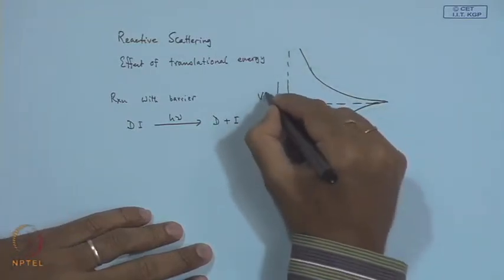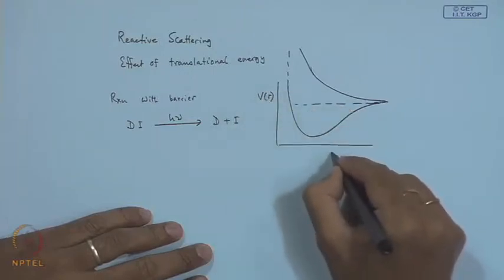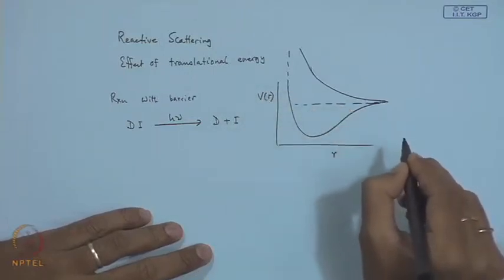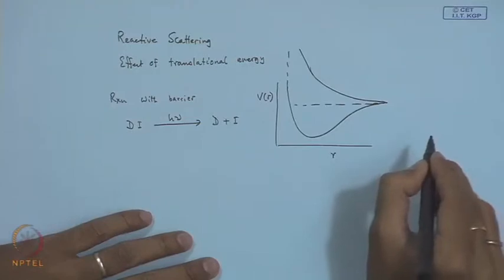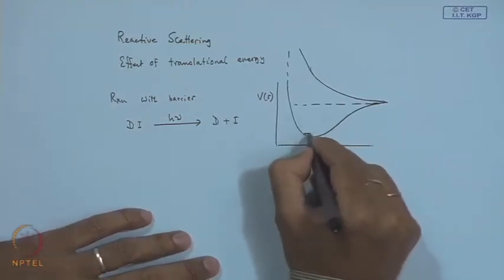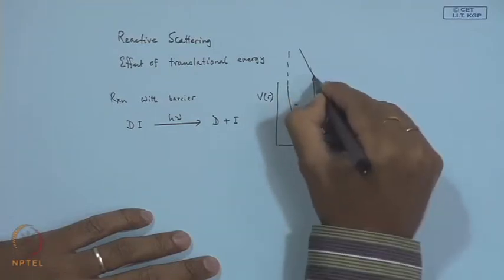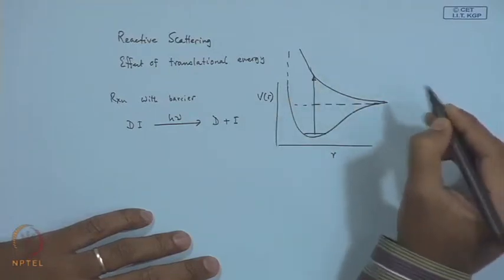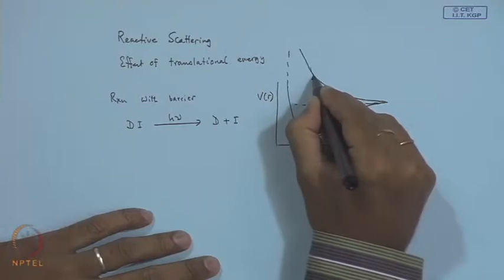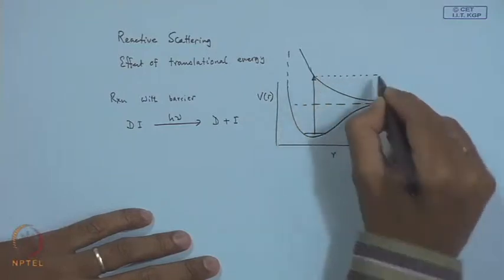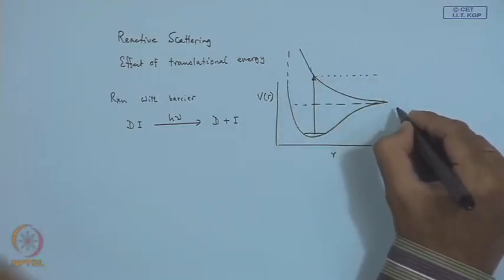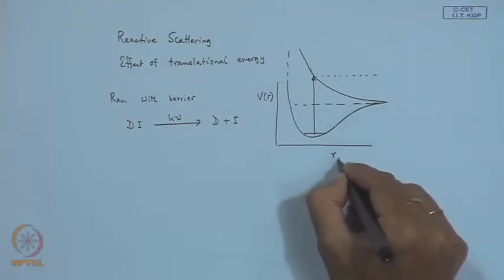So, V(R) versus R. You excite from here to here. So, basically this excess amount of energy, this much of energy. So, this is your R of DI.